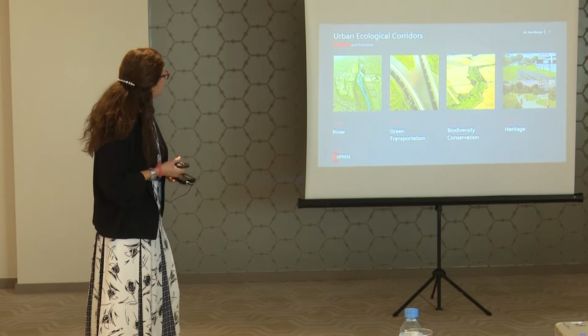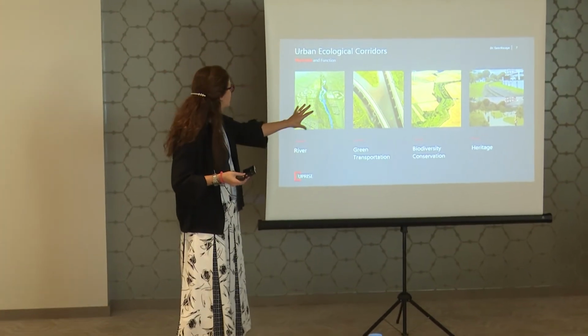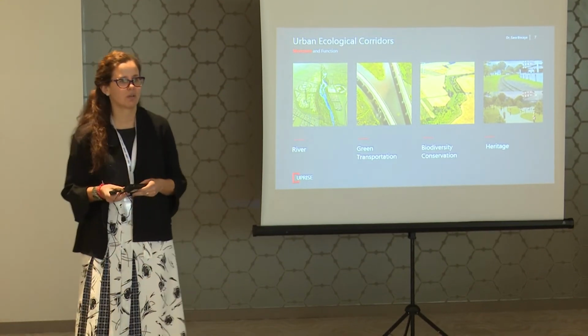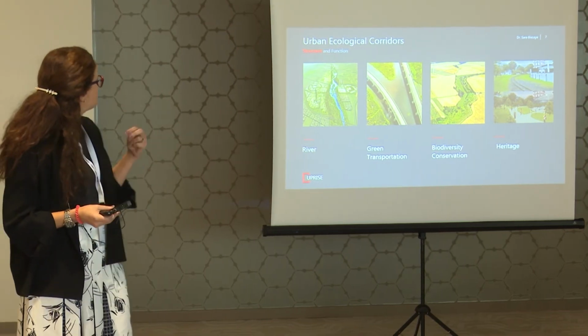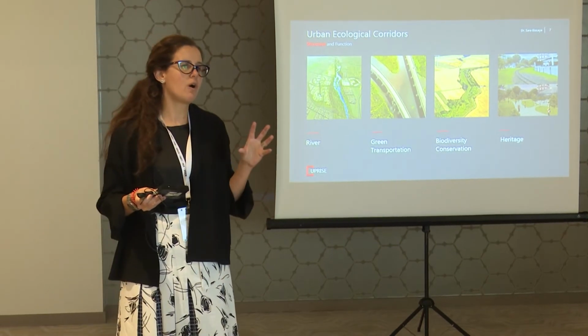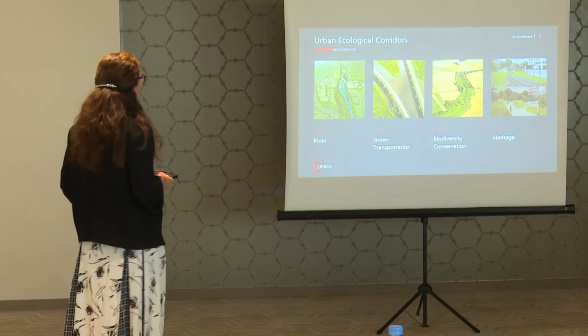So, from urban ecological corridors, we have a number of them that have been identified either by their structure or their function. From their structure, we have these 4 types, but you can have more than one, obviously. You can have an integration of different types of urban corridors.